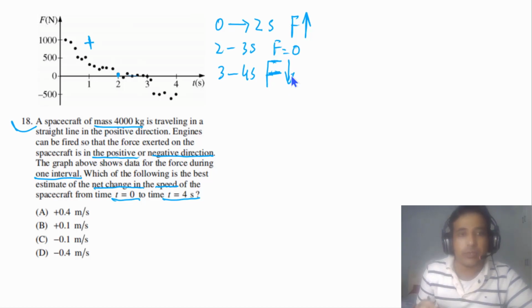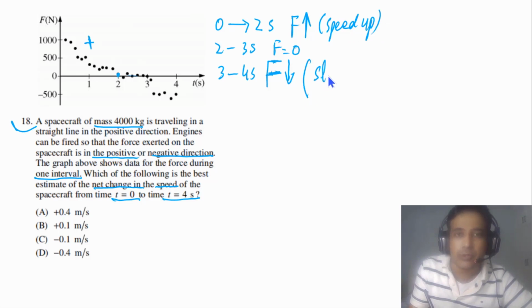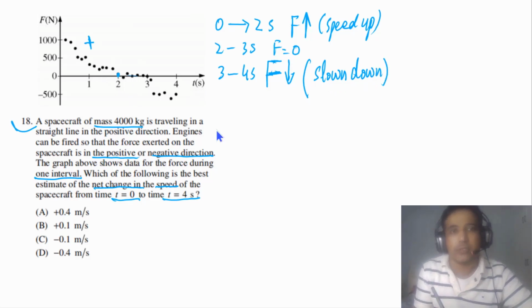We need to calculate the net change in the speed of the rocket. So in this case, rocket will speed up, and due to this force rocket will slow down. So we have to find out net change in the speed in this interval.